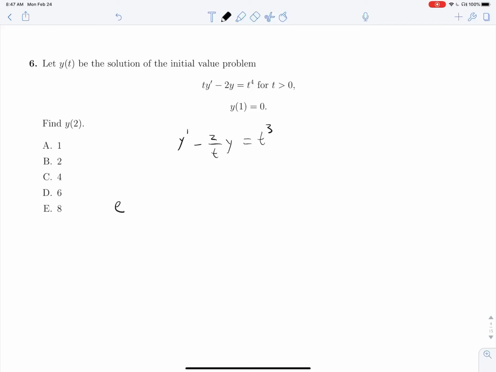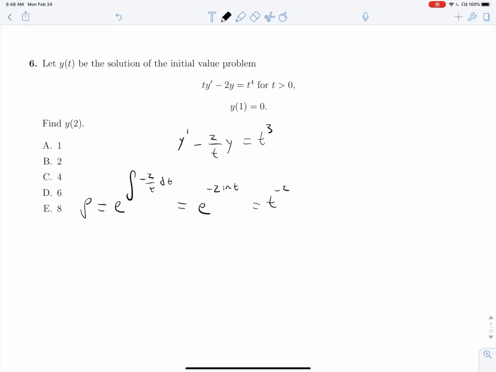So we can raise e to the integral of negative 2 over t dt, and this is equal to our integrating factor rho. This is the same thing as e to the negative 2 ln t. We can bring that ln t down as just a t and get rid of the e, and we're left with t to the negative 2.